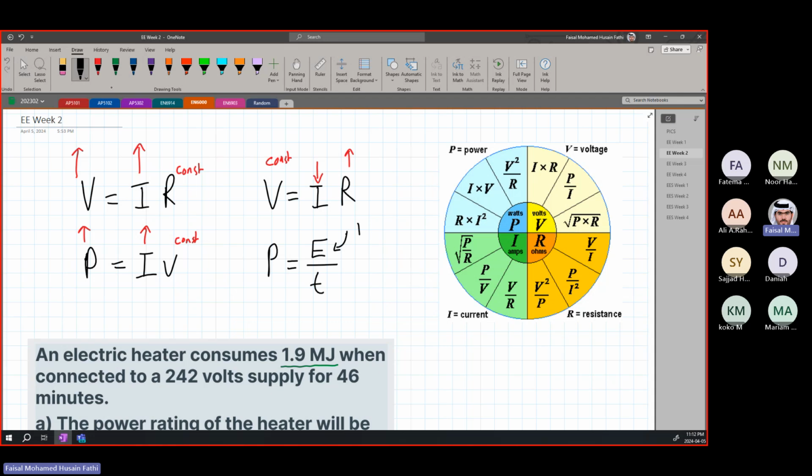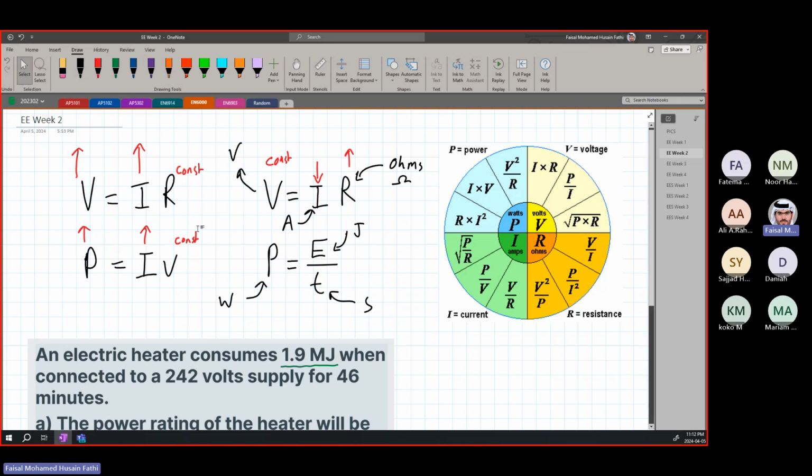Energy is in joules, time is in seconds, and the power will be in watts. In V equal IR, resistance is in ohms, current is in amperes, and voltage is in volts. These are the standard units, and you always have to use standard units for the answer to come out right. So if they give you milliamperes or megajoules, you must convert to joules, volts, amperes or ohms to solve.